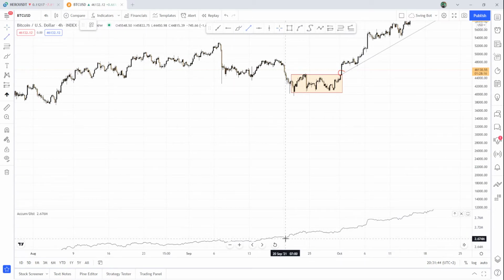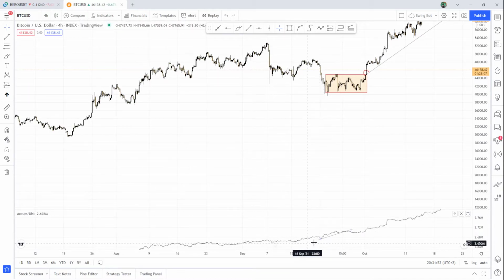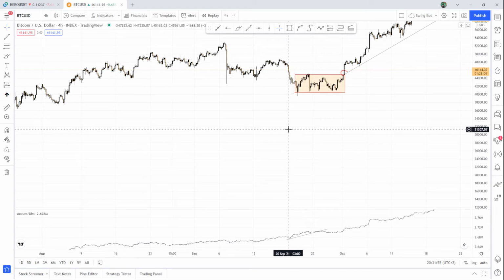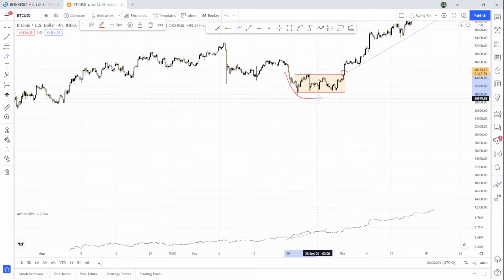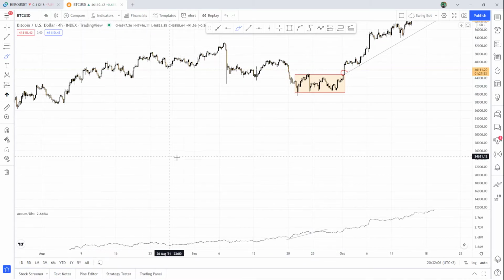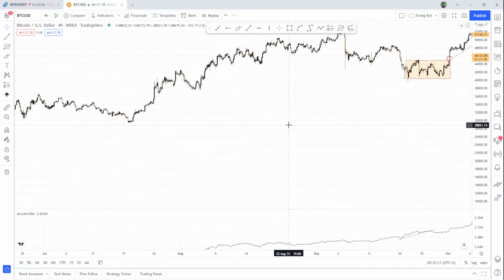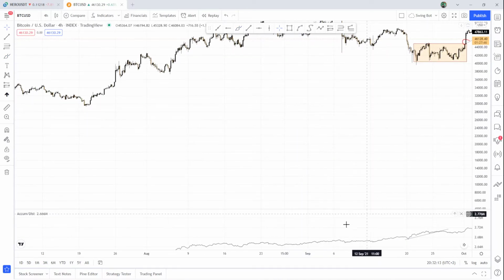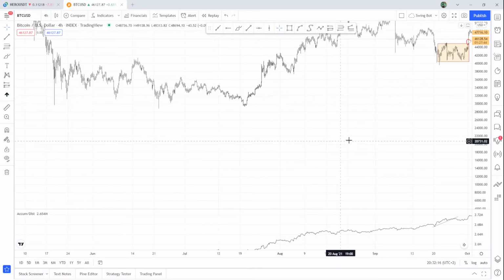So from here actually it goes up, okay, it goes up, but as you see it goes down, okay. Let's see what else we can find on this chart.